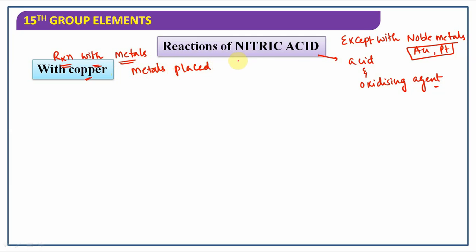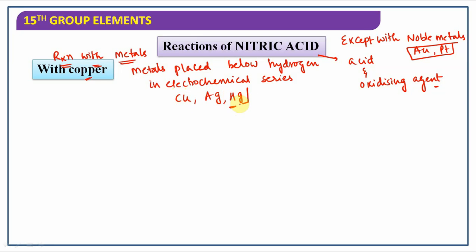Metals placed below hydrogen in the electrochemical series are like copper, silver, and mercury. All of those react in a similar manner. I'll be discussing only one metal, copper, and the same reaction will be applicable for the remaining metals also, like silver and mercury.